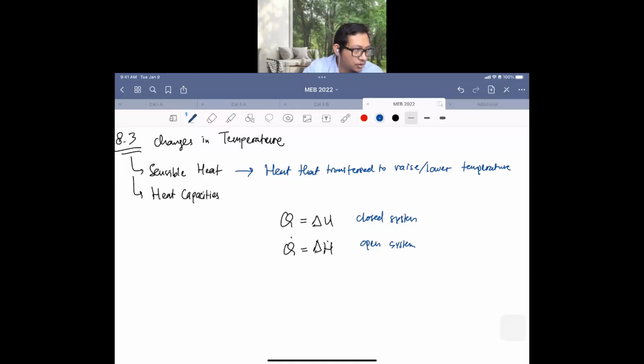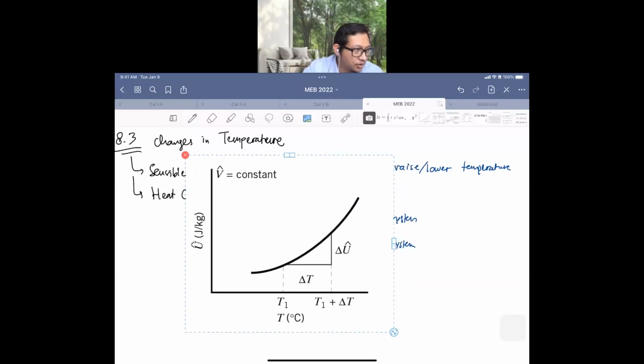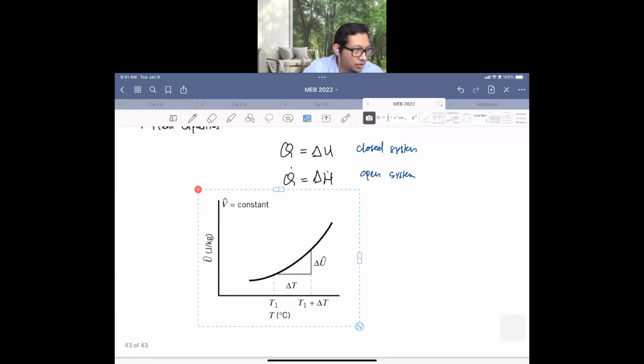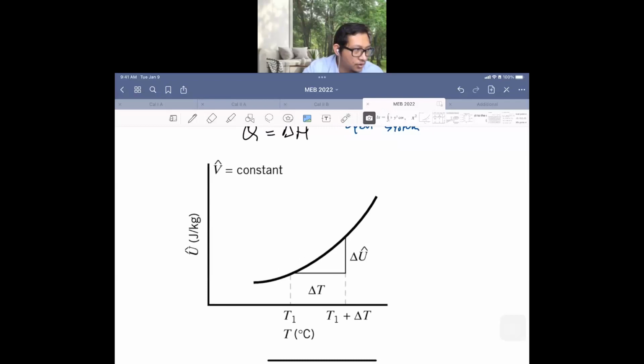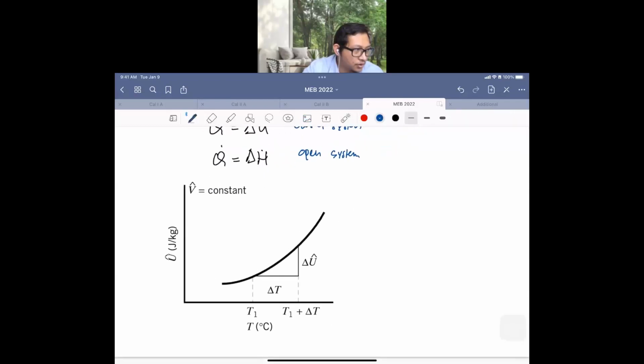So we could observe a graph here. Let me put the graph. We could observe from this graph the temperature and the internal energy. We could say that the specific internal energy, or U, depends strongly on temperature.